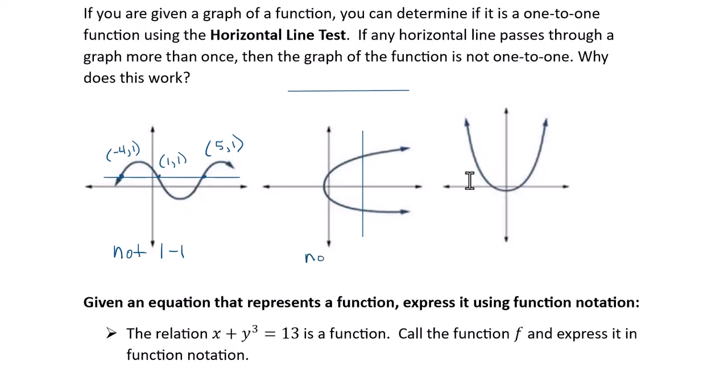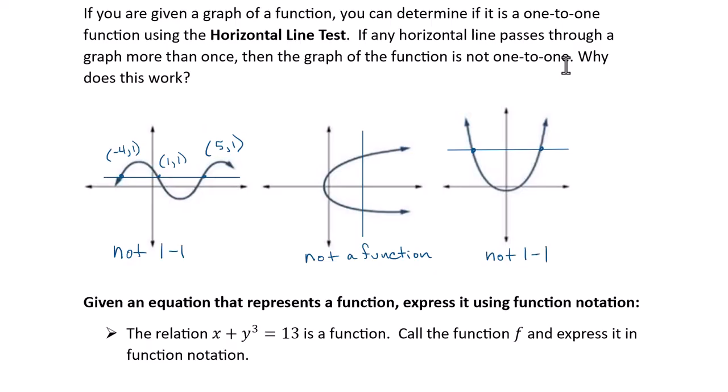It definitely can't be a specialized one-to-one function. Now let's do a horizontal line test here, and it's not working. We've got two places that it's hitting as we draw it through there. So this is not one-to-one.